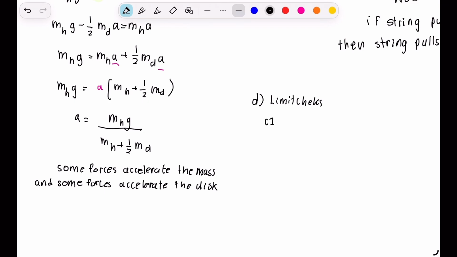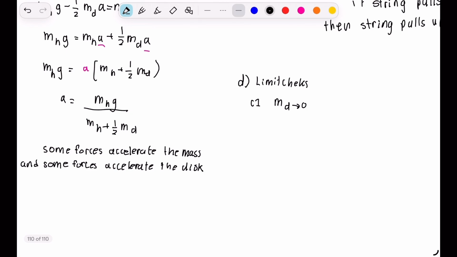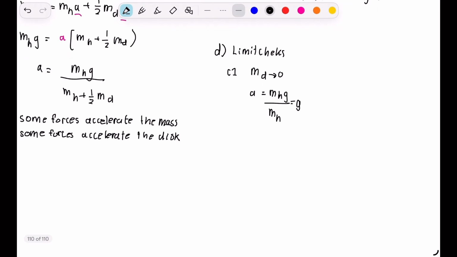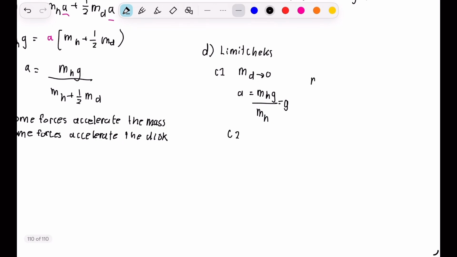So for case 1, we look at if md approaches 0, then A would equal mh times g over mh, which would simplify to just g. So if you have no rotation, it makes sense that you would just have free fall.